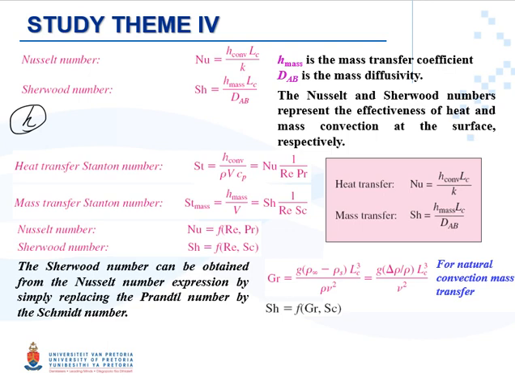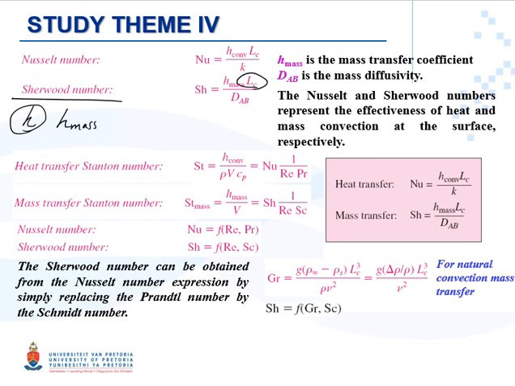It's the same. So for mass convection, the most important thing is to find the H mass. It's very difficult for us to find it. To do it, we are going to define another dimensionless number called Sherwood number. It uses the same kind of logic.